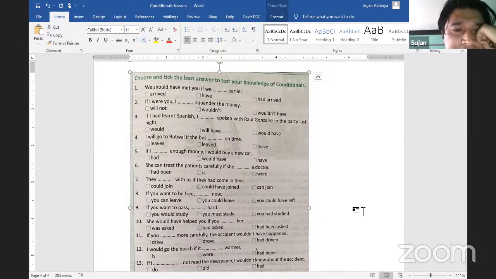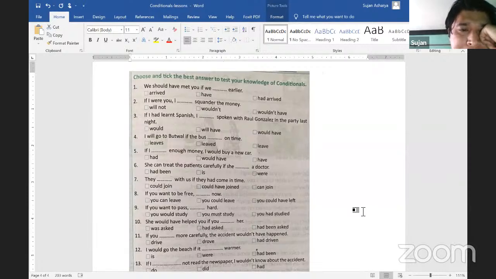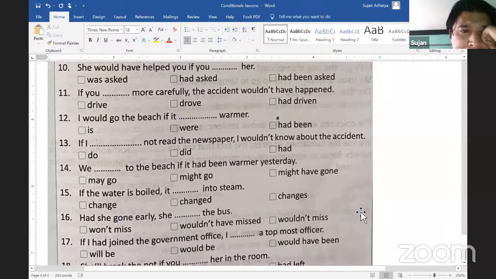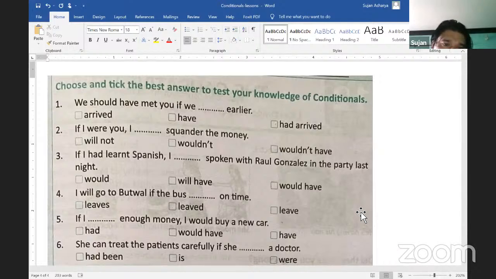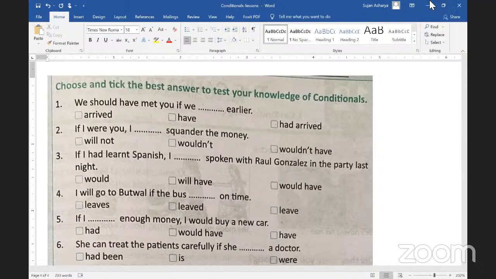You don't have to copy the question. Read the question, write down the answer.